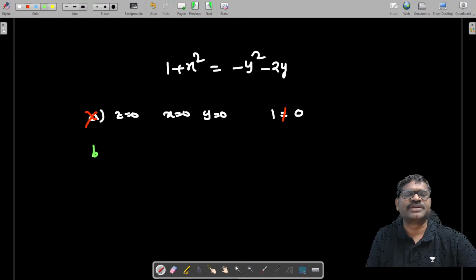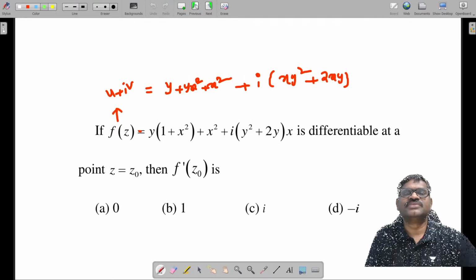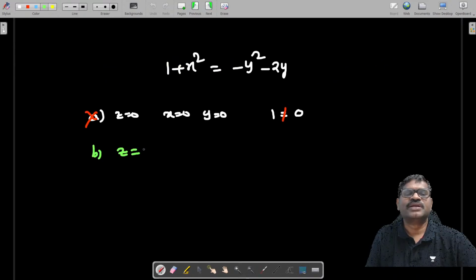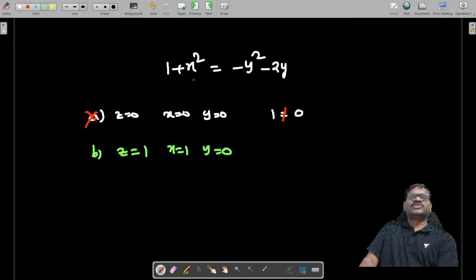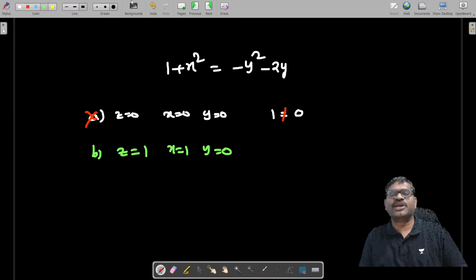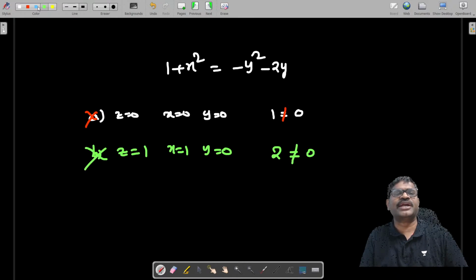Next, second option, z equal to 1. z equal to 1 means x is 1, y is 0. When you put x value 1 in LHS, you are getting 2. RHS 0. 2 not equal to 0. That's why option B is eliminated.